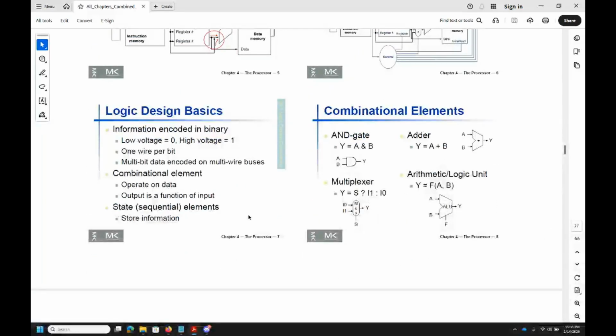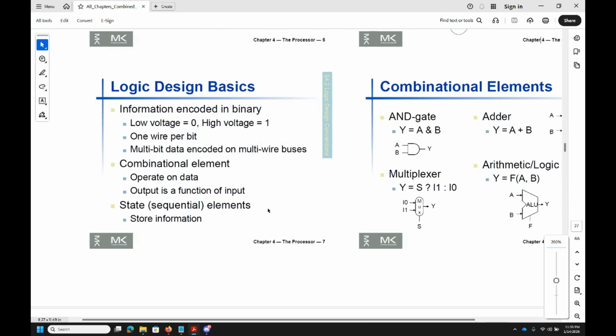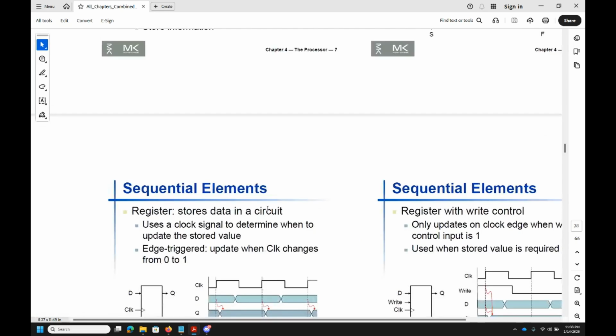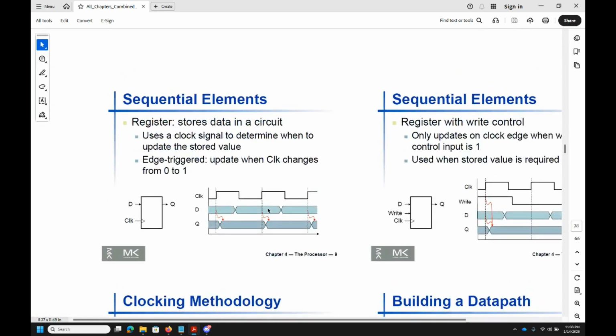So that's one thing. Again, very basic logic design. This is also something that you might have studied in high school. Information is encoded in binary. Low voltage is zero, high voltage is one. One wire per bit is there. So basically there are AND gates, OR gates, NOT gates, NAND gates.